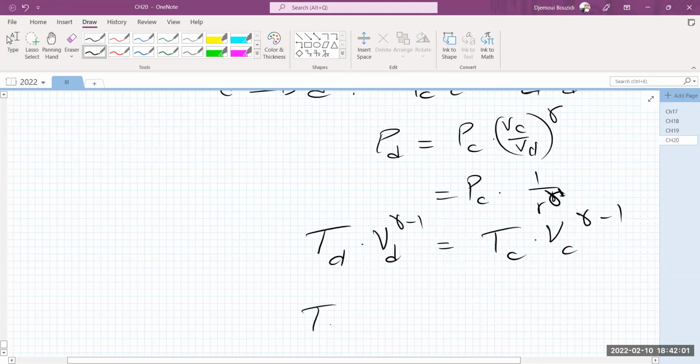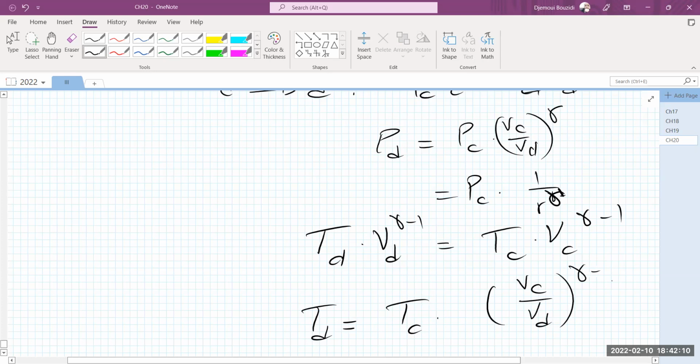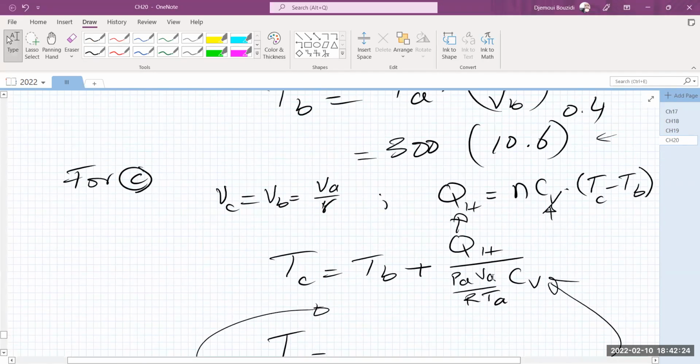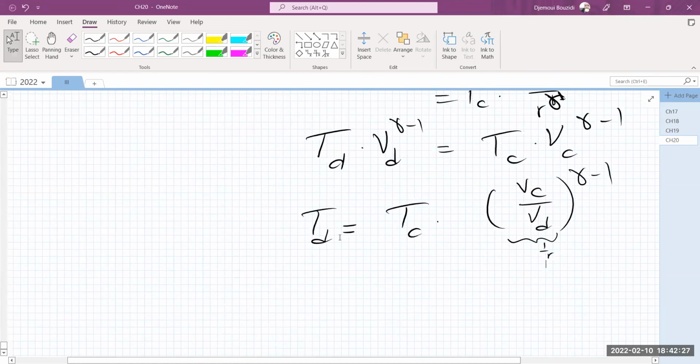That TD should be equal to TC times this ratio of the volumes, which is VC over VD to the power gamma minus 1. VC over VD is 1 over R to the power gamma minus 1. And TC, we're assuming that we did this calculation in here for TC, which is this one. So we have TC. So we can find what TD is.